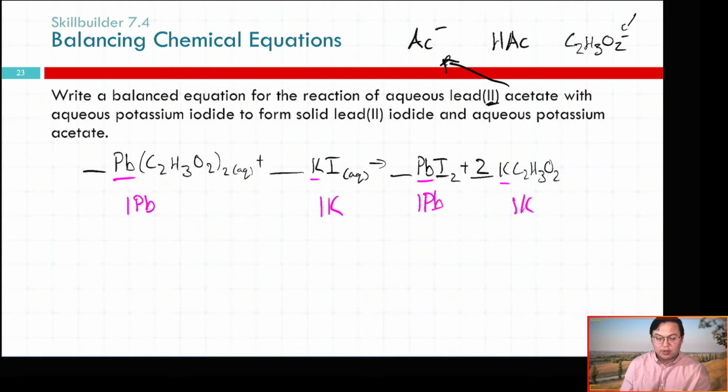That's also something to note: we don't need to balance carbon, hydrogen, and oxygen separately in this equation because they're a polyatomic anion. They will move together as a group in any reaction. So things like nitrate, sulfate, phosphate, iodate, these polyatomic anions move as groups, so you can balance them as groups.